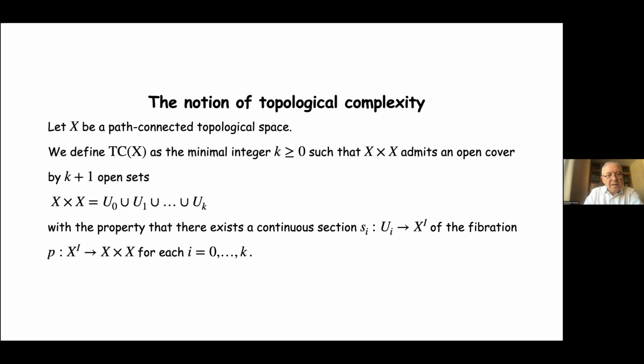It is defined as the minimal integer k such that the product X cross X can be covered by k plus 1 open sets U0, U1, ..., Uk, with the property that there exists a continuous section Si over each Ui of the path fibration P, which was described above.